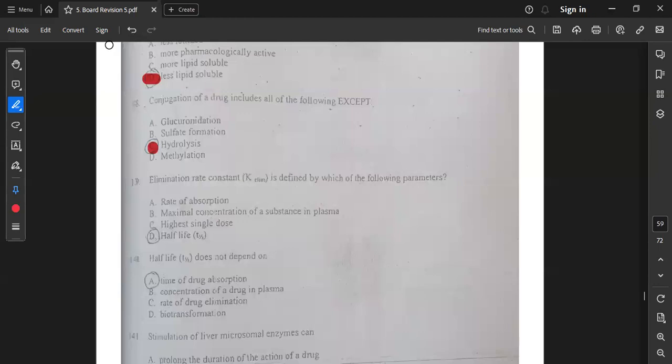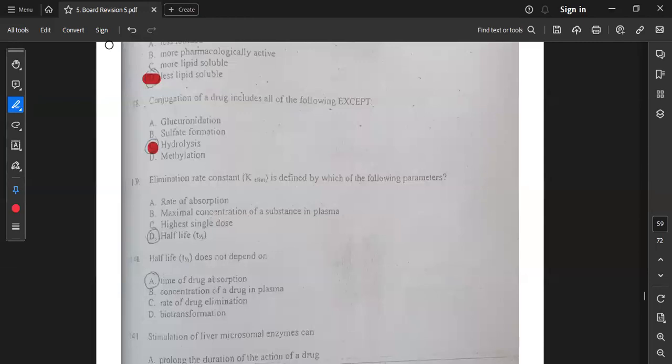Is it SAM, the S-adenosylmethionine, with a methyltransferase enzyme? The donor is SAM, I think you're right, S-adenosylmethionine. The donor in methylation is SAM, and the enzyme is methyltransferase.